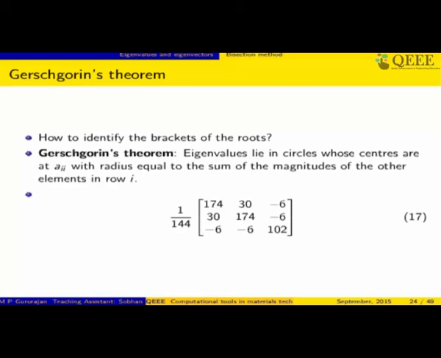You see that Gershgorin's theorem can help, but sometimes it gives you the same information. About 1.208, for example, somebody has given a radius of 0.25 or something.